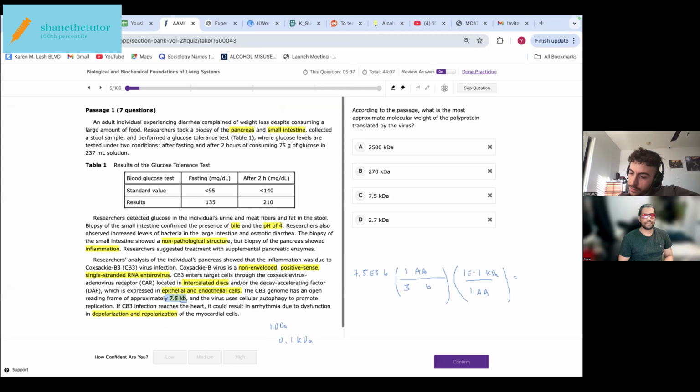The bases cancel out. 7.5 over 3 would be 2.5 times 10 to the 2 kilodaltons, and then you can just move the decimal over to the right twice.